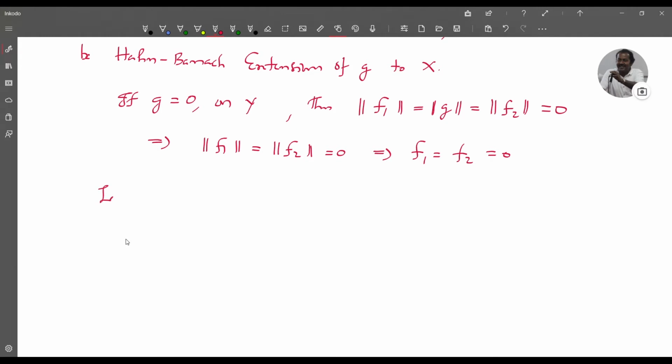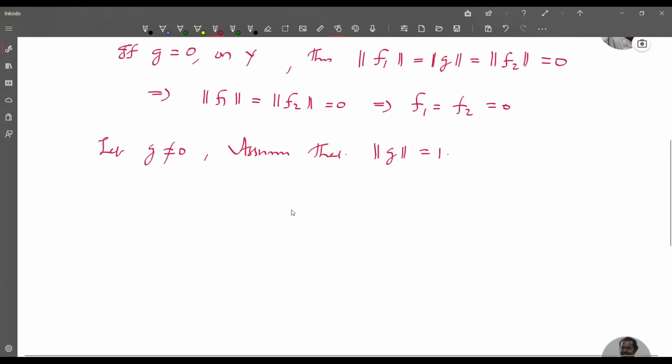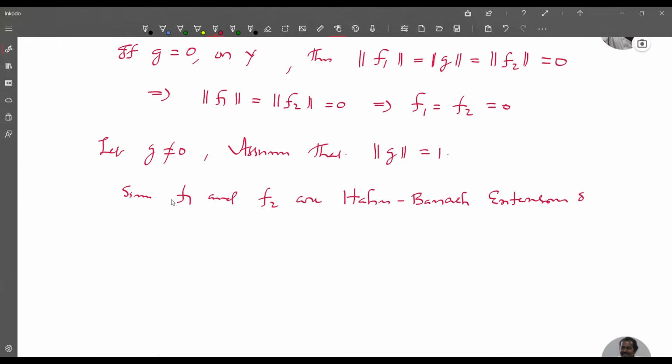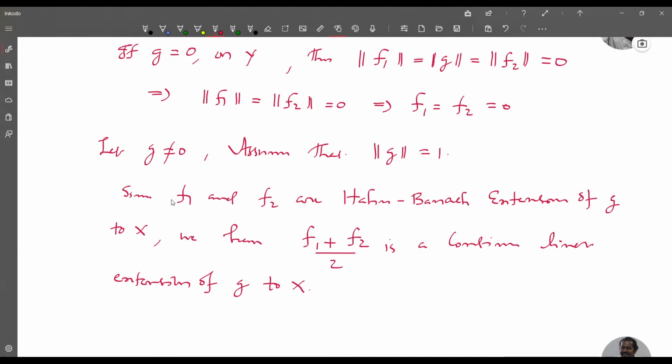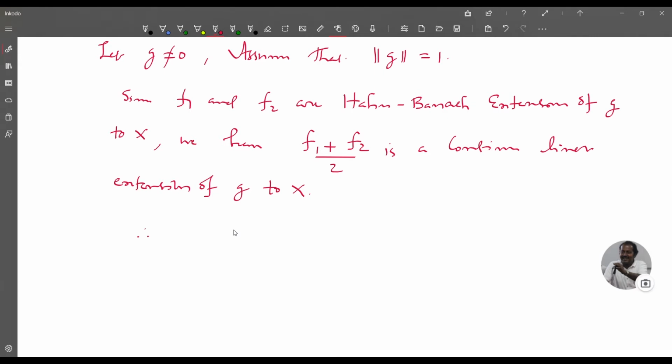Now let G not equal to 0. Without loss of generality, we can assume that norm G equals 1. Now since F1 and F2 are Hahn-Banach extensions of G to X, we have F1 plus F2 by 2 is a continuous linear extension of G to X, and therefore norm of F1 plus F2 divided by 2 is at most norm G, that is equal to 1.